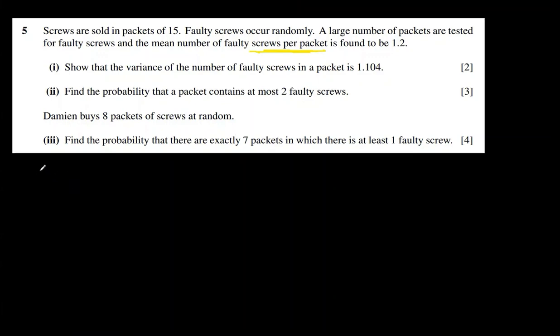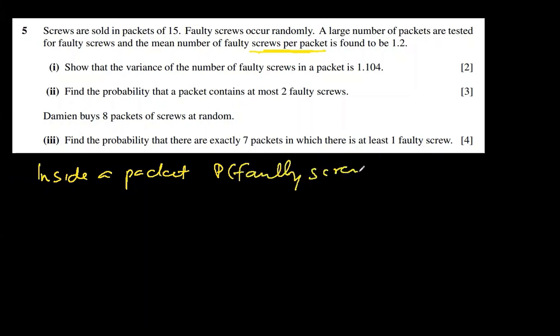So inside a packet, probability of a faulty screw equals 1.2 out of 15, so it will be 0.08. Show that the variance of the number of faulty screws in a packet is 1.104.